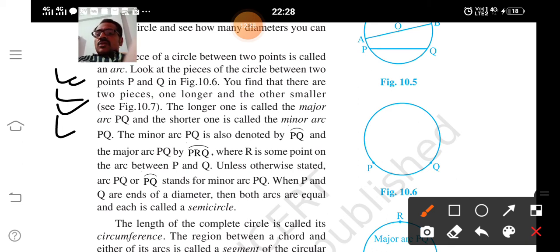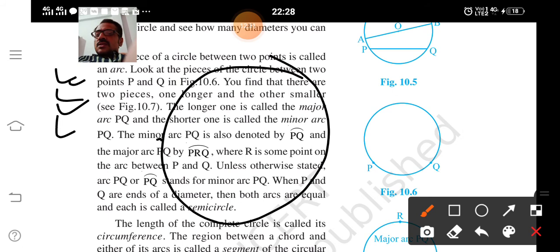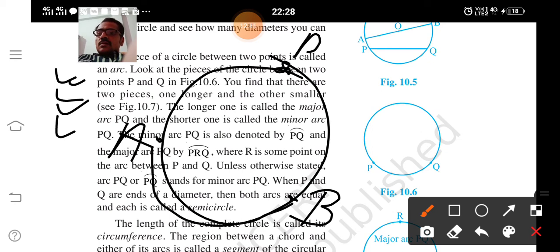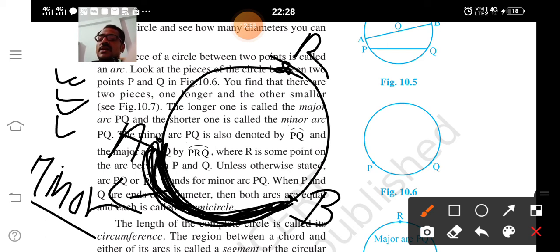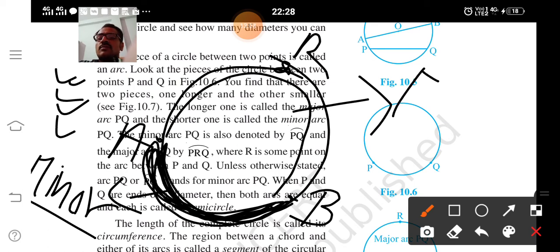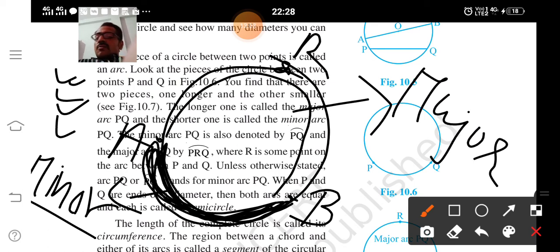So here is the concept of the minor arc, major arc, and semicircle arc. This is the circle. If I join any two points on the circle, the smaller part which joins the two points of the circle is called the minor arc, and the larger part of the circle which joins the points is called the major arc.